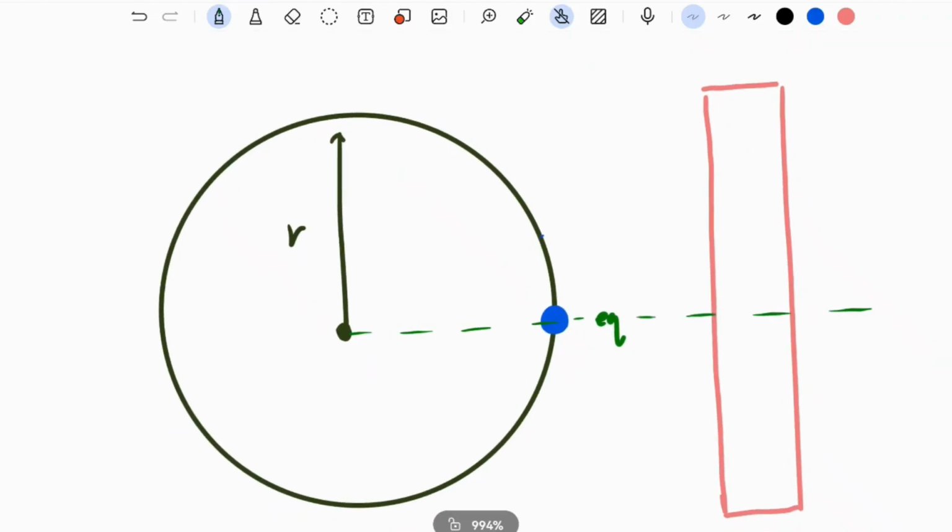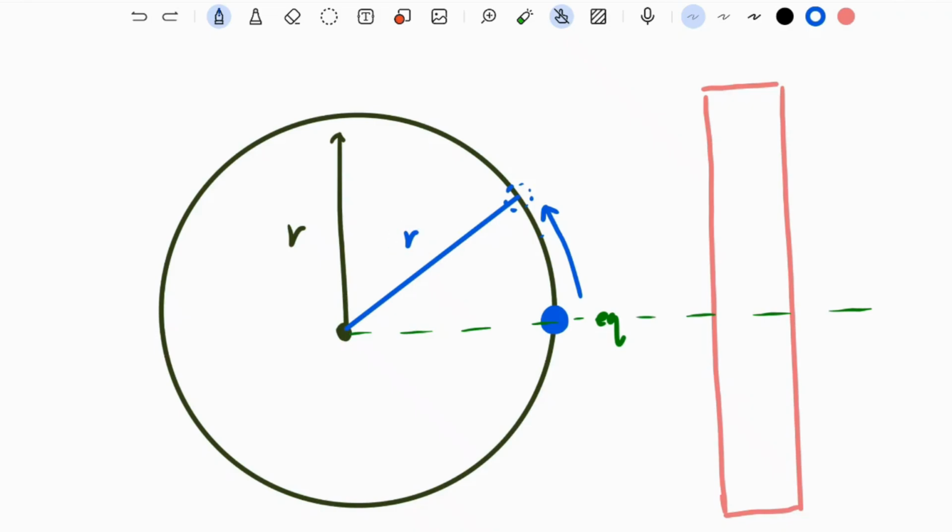Now, let's say after a certain amount of time, the blue dot moves to this point. Basically, it moves through a certain angle. This line here is radius r, because the distance from the center of a circle to any point around the circumference of the same circle gives you the radius.